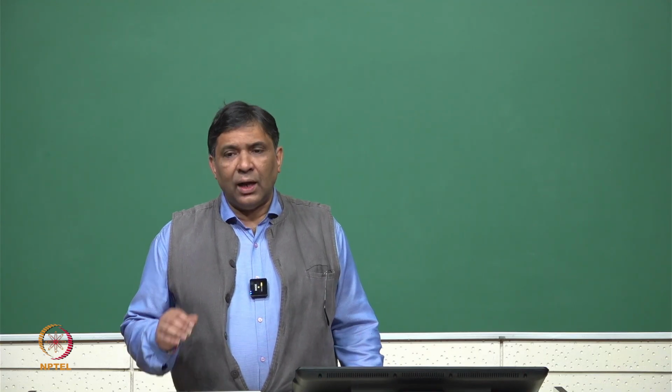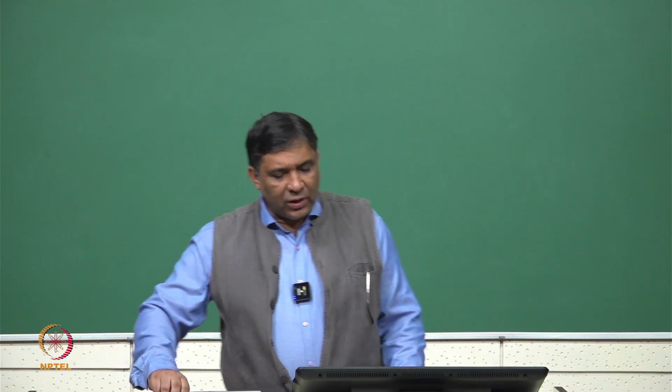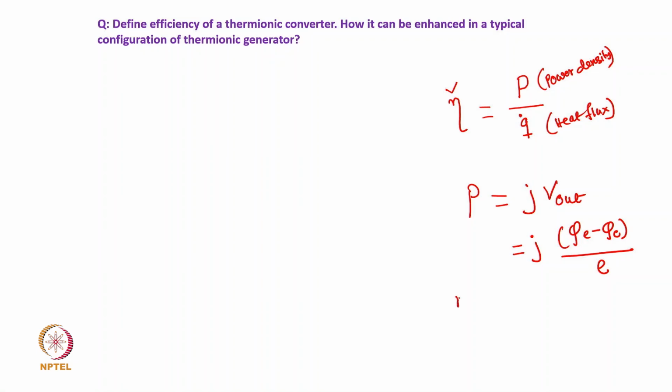And how can it be enhanced? If you want to enhance efficiency, you have to enhance this quantity, the work function difference. This is a very important quantity because it will enhance the output voltage. Clear?